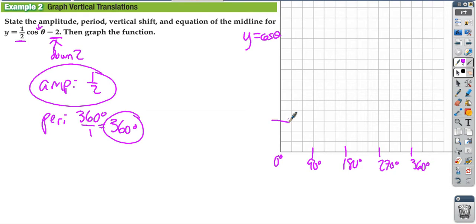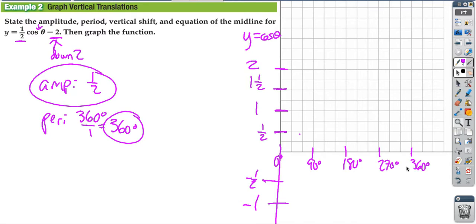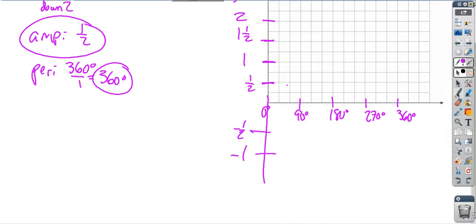Okay, let's make each of these be 1/2, to make this graph clear. So that's 1/2, that would be 1, that would be 1.5, that would be 2, and then we'll follow the same pattern right here. So this is -1/2, this is -1, this will be -1.5, and that will be -2.